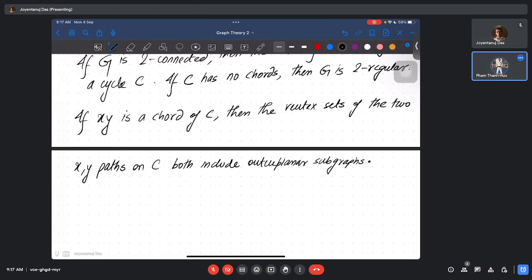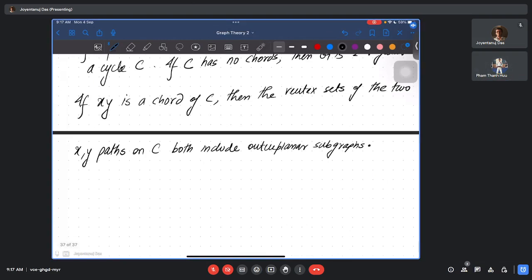Now we can apply the induction hypothesis on these subgraphs.